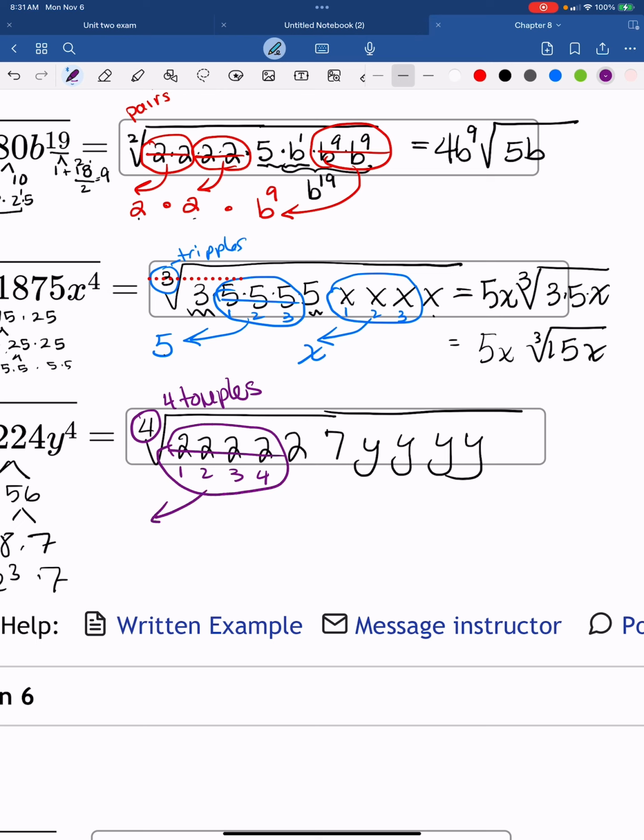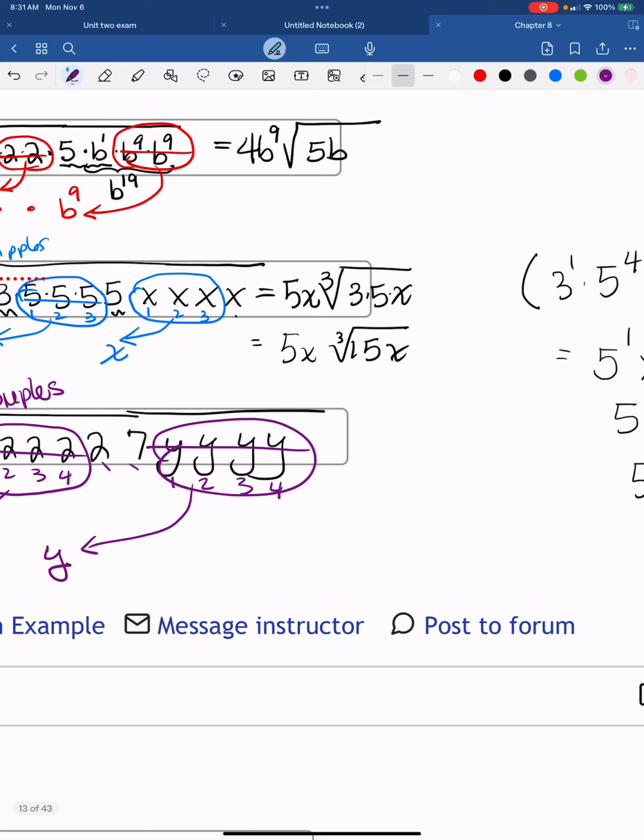I pull out 1, 2, single, 1, 2, 3, 4. I pull out all of these guys, and a y. So we pulled out the 2 and the y. We're still left with this fourth root and just a 2 times 7, fourth root of 14. Again, we'll see whether or not we have to re-multiply things out in MyOpenMath.